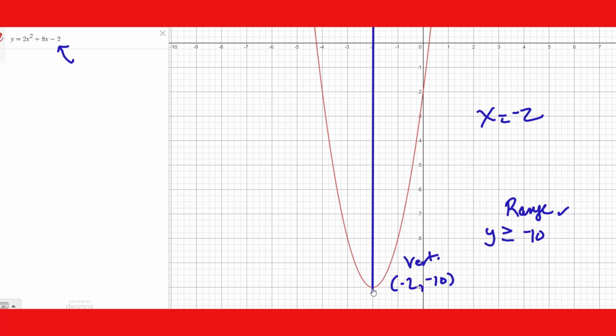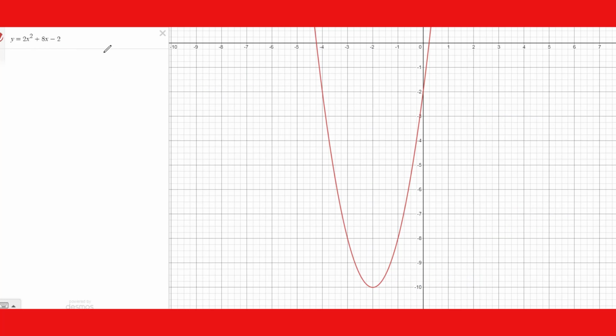And -10 is the minimum value, the smallest value before it starts going up and up on that side. So we can look at the graph of the parabola, or we can look at the a, b, and c values and see what we end up with. Let's take that apart and see what's happening.